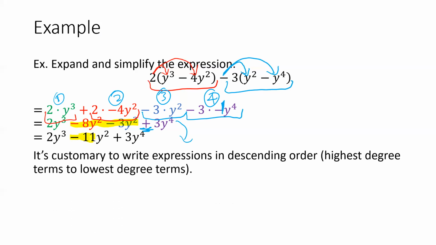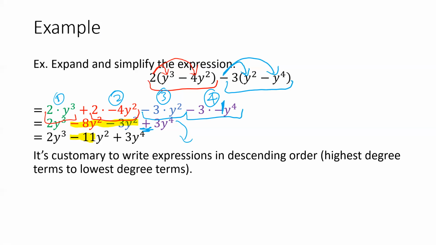So general rule here, just going over some standard protocol we have whenever we're expanding and simplifying: you always want to write the expressions in descending order. So that normally means that you want to write the highest degree first, and then you want to go all the way down. In this case, it's fine if I write this as an answer, but it looks much better, and of course, when we talk about standard notation in math, that's just following a normal protocol that most mathematicians agree on.